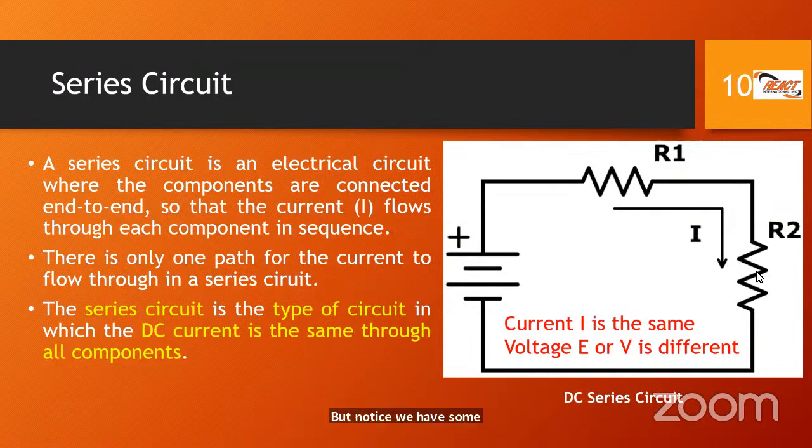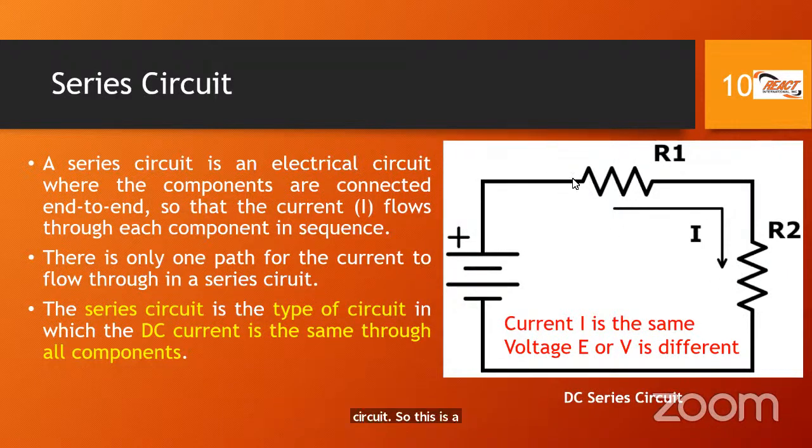We have one followed by another. So when we connect components in that sort of sequence, one into the other, that is called connecting them in series, because the current, the electrons, has to flow through one and then flow through the other and complete this circuit. So this is a series connection.